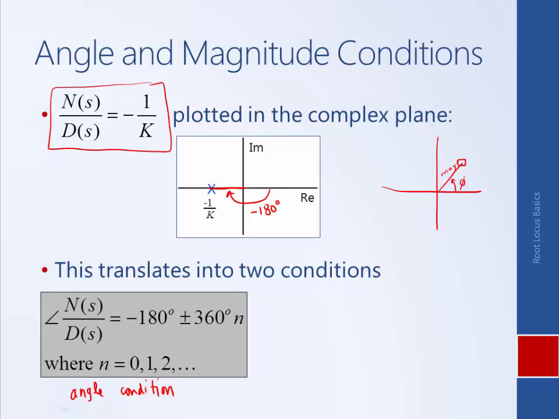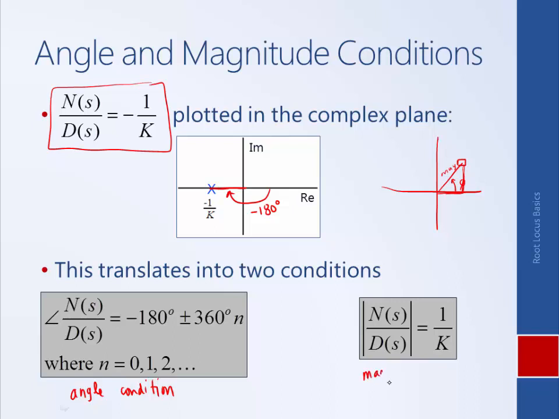So that's the angle condition, but then we also have the magnitude, where the magnitude is simply, you can think of it as the absolute value, but it's sort of like the hypotenuse, where the legs are the real part and the imaginary part.